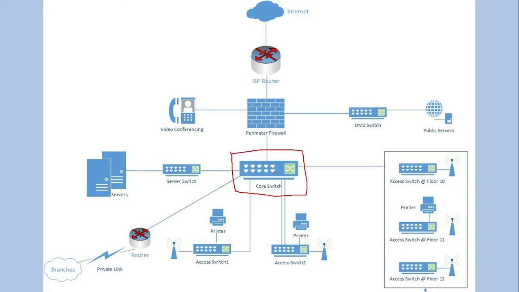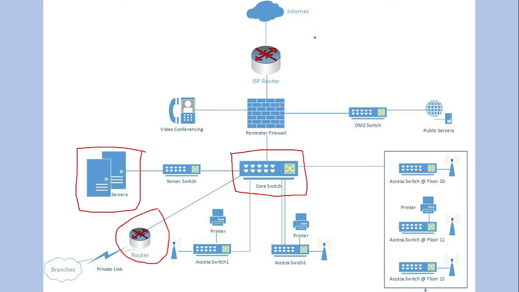So you can see that here it connects to the branch. It has a router connected to the branch. Then it has a server farm, it's connected to the server farm. And then the rest are the users, somewhere on different floors. And it's also connected to a perimeter firewall, which lets you go to the internet.